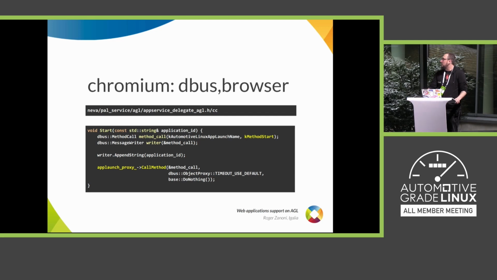It receives the call, sets all parameters needed to do a call using the dbus proxy that is connected to app launchd, and it passes the arguments to start the new application.